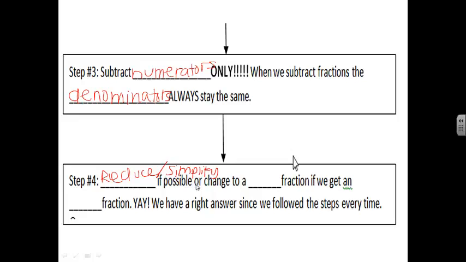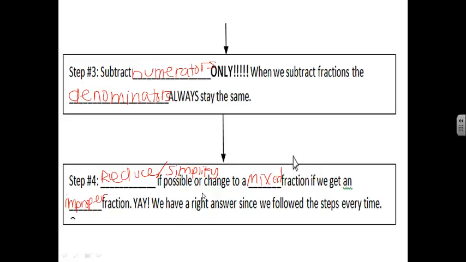Okay. Or simplify the fractions, or change a mixed number or a mixed fraction if we get an improper. So if you get a bigger number on the top, a bigger number in your numerator, when you get your final answer, you have to change it back to a mixed. Okay, and we're gonna talk about that in a minute.